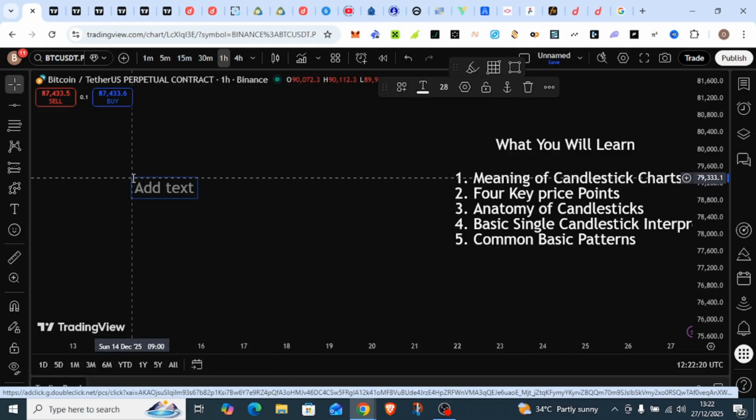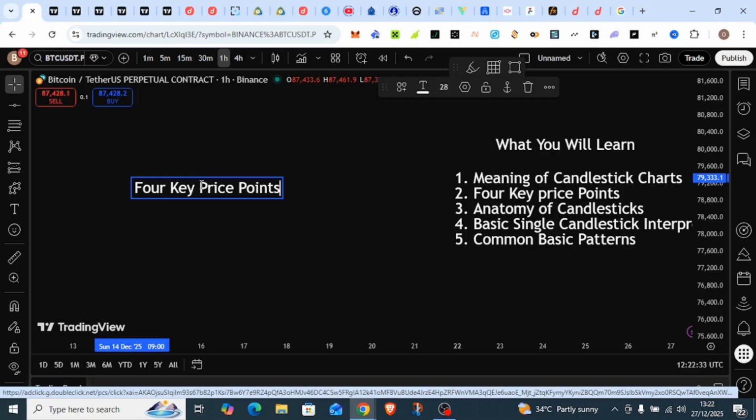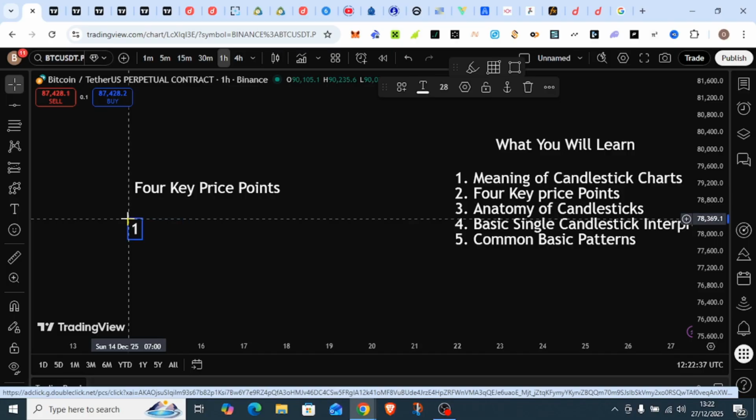Number 1, let me write 4 key price points. Then number 1, we have open.